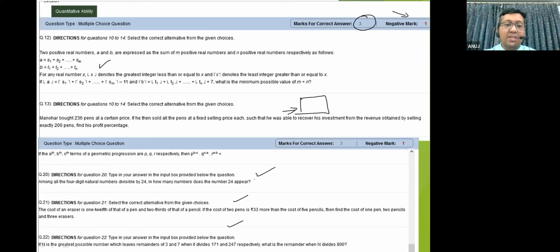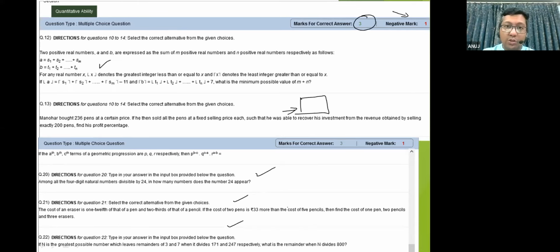Okay? So when we are talking about this, you have to ensure that you pick the question according to your strength. Apart from that, one thing you have to remember when you are scanning mathematical questions like this: you won't be able to see the options.